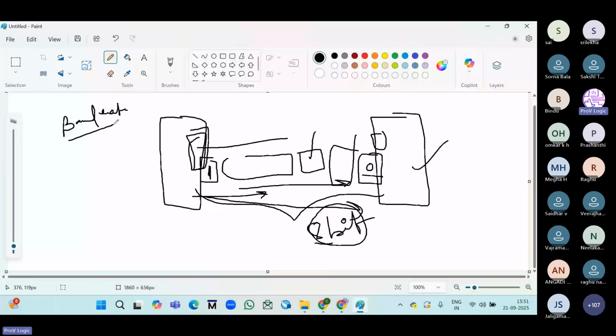So we maintain that frequency at the transmitter side, and everything is manual. At the receiver side also, we need to maintain that frequency based on the baud rate. Suppose there are some standard baud rates like 115200 bits per second. So this is the baud rate, how many bits we need to transfer per second.